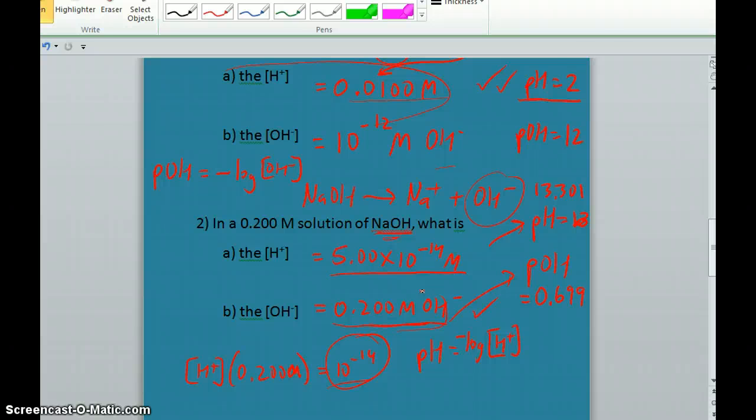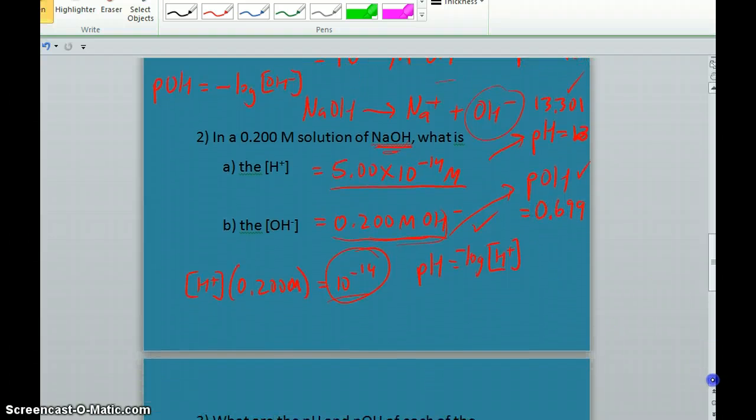Now, interesting thing, if you take the pH of the solution, 2, and you add it to the pOH, 12, you get 14. Same thing here, take the pH of the solution, 13.301, add it to the pOH, 0.699, you get 14.